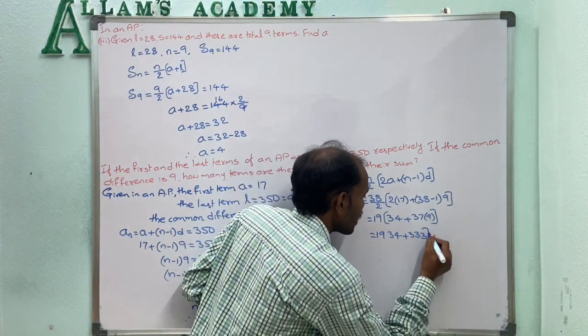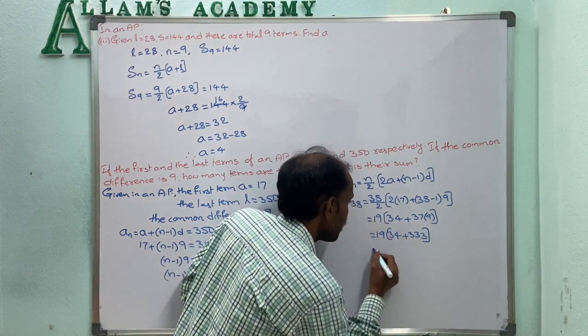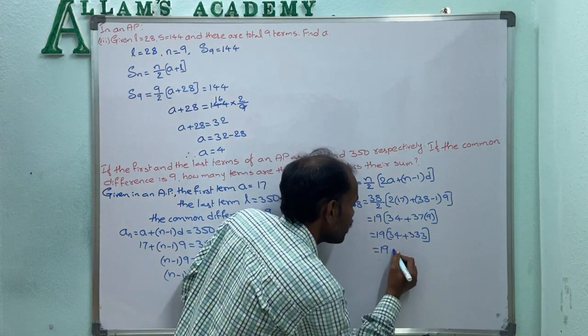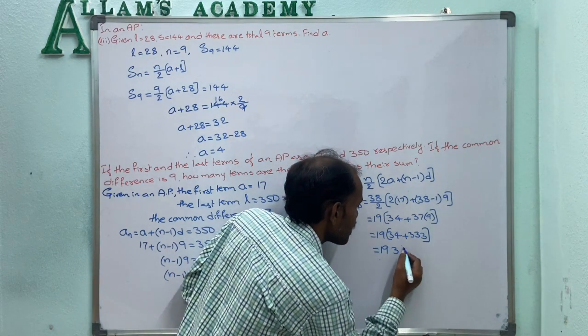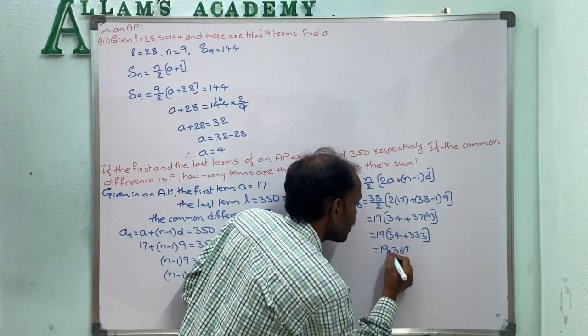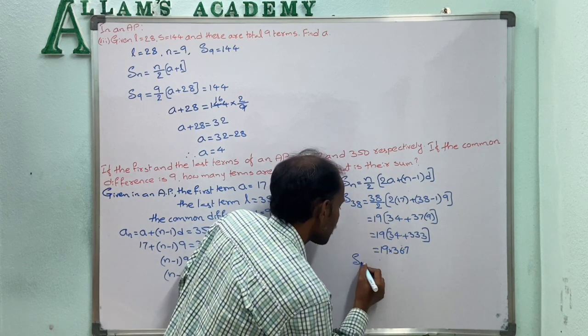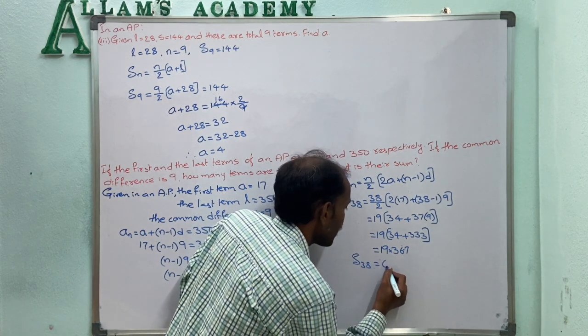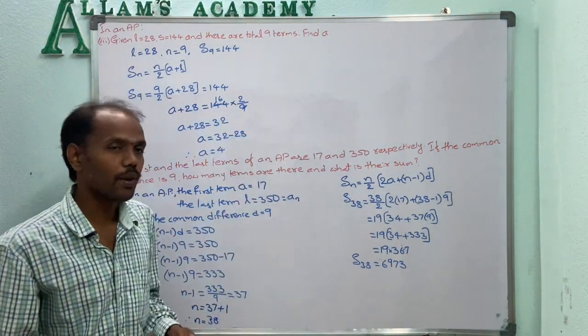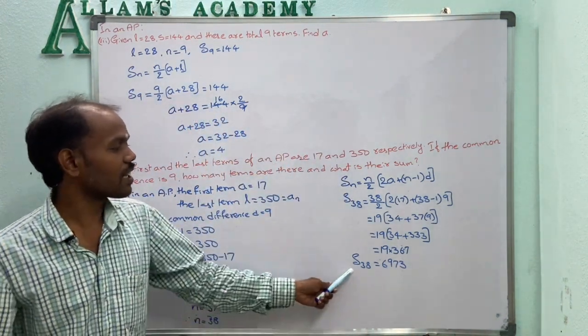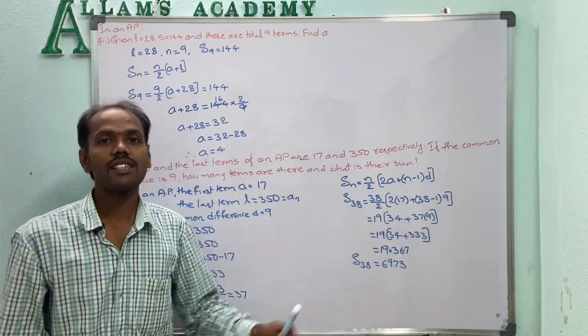So 333 plus 34 equals 367. So 19 into 367 is nothing but 6973. So in this arithmetic progression, the sum of 38 terms is 6973.